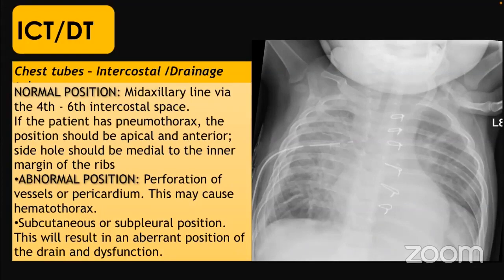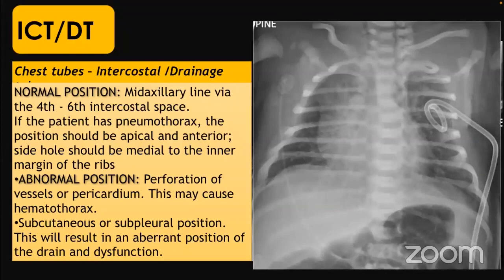Also we should take care about the side holes of the chest tube. The side holes should be inside the hemothorax, inserted in and not in the wall outside.